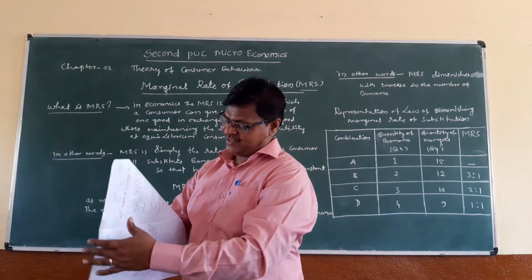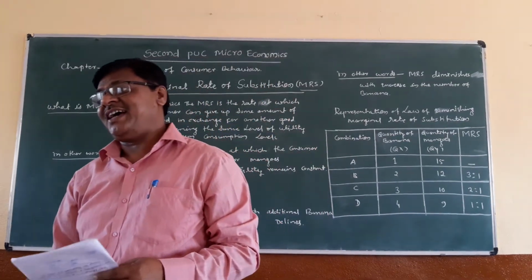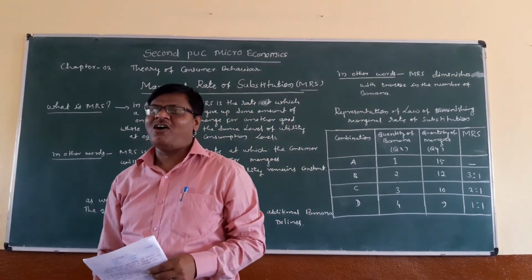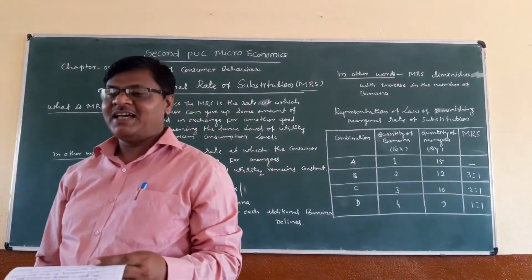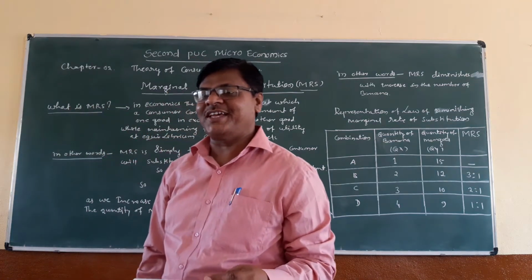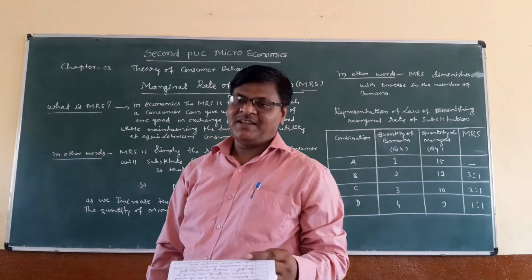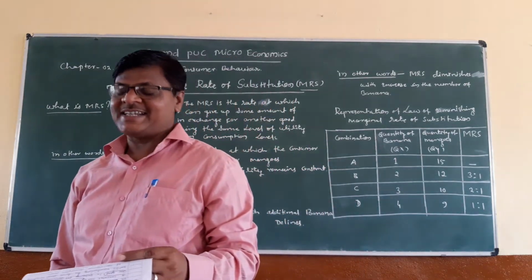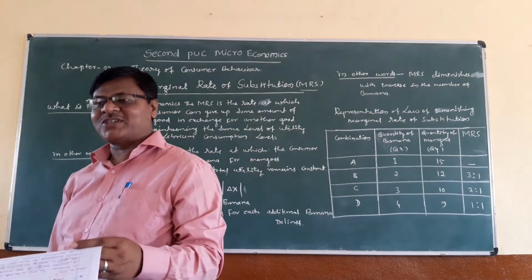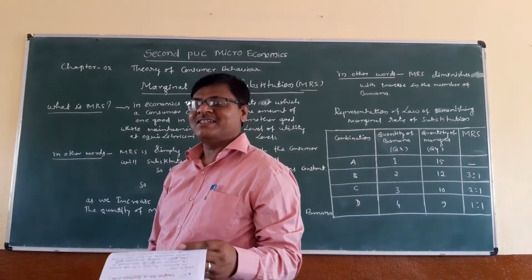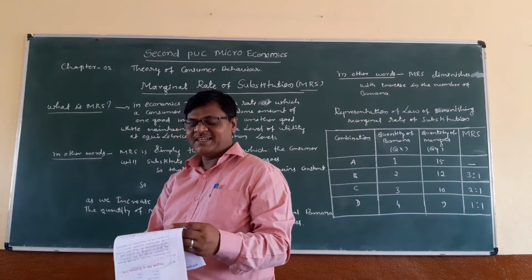In other words, in order to get an additional banana, her total utility level being the same, is called the marginal rate of substitution.